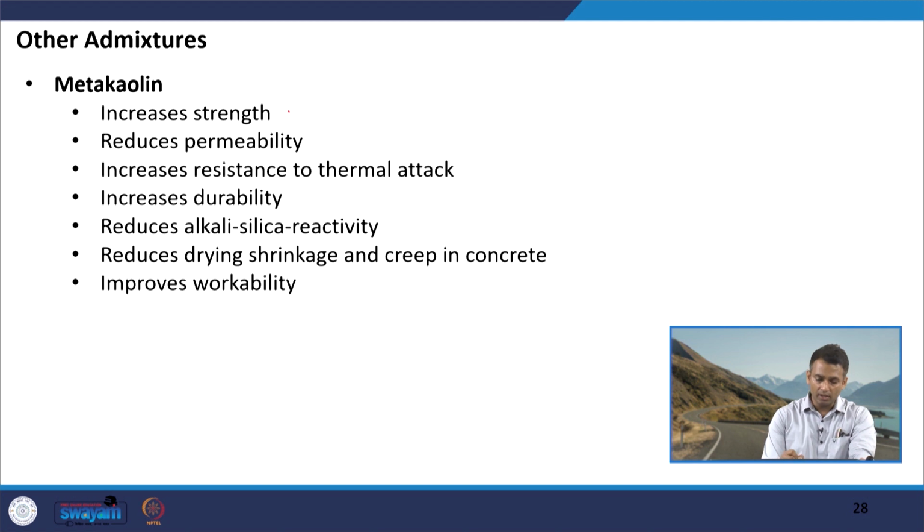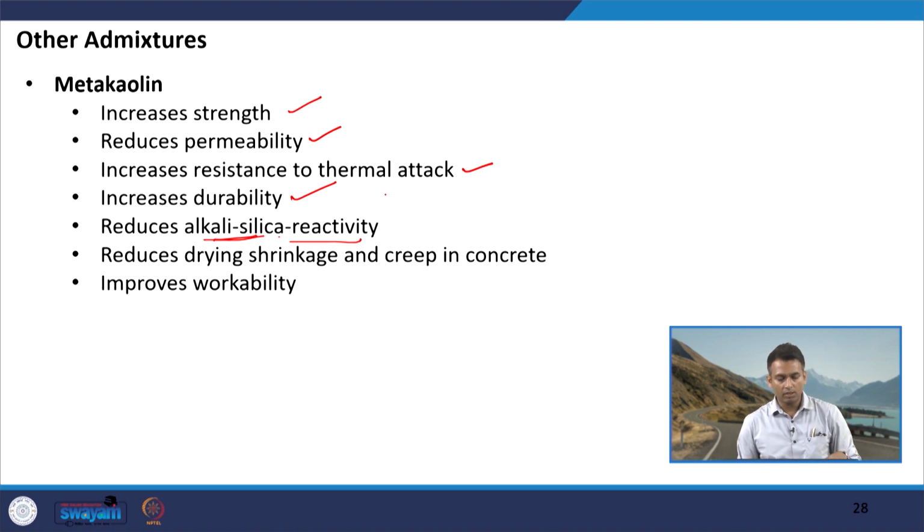Some of the advantages of metakaolin include that it increases strength, it reduces permeability, it increases the resistance to thermal attack, increases durability, it also reduces alkali silica reactivity, or we also call it alkali silicate reaction, and I will talk about this maybe in some time.